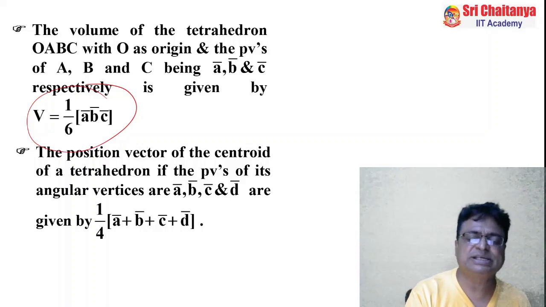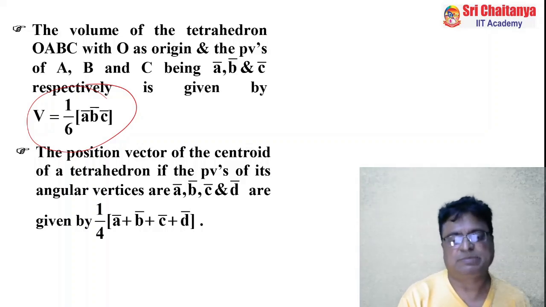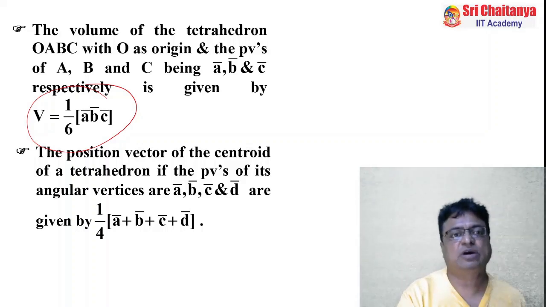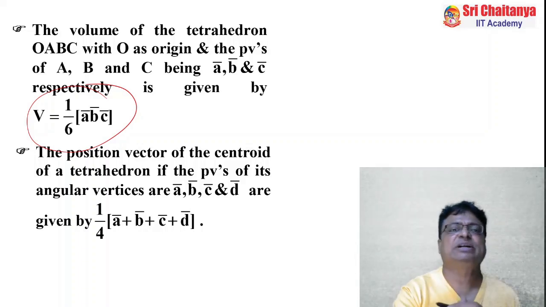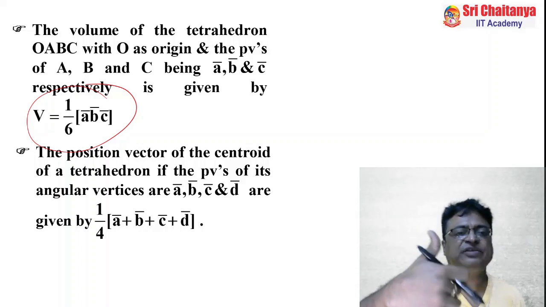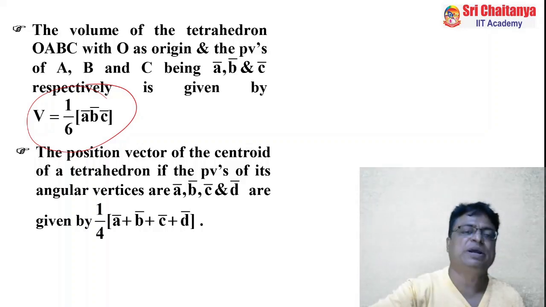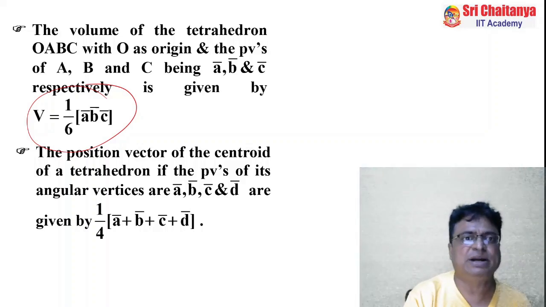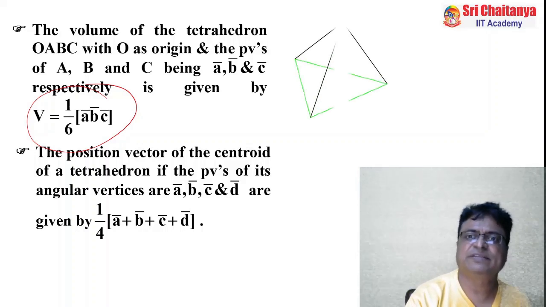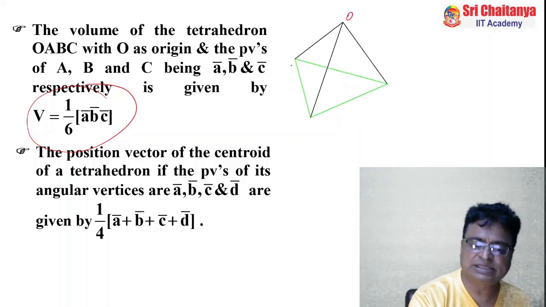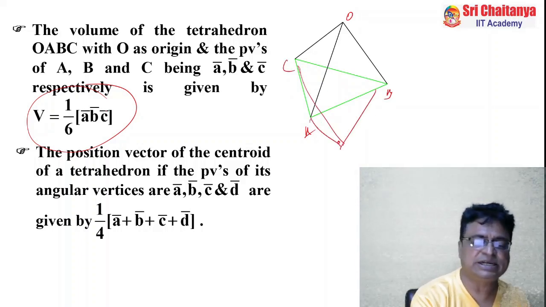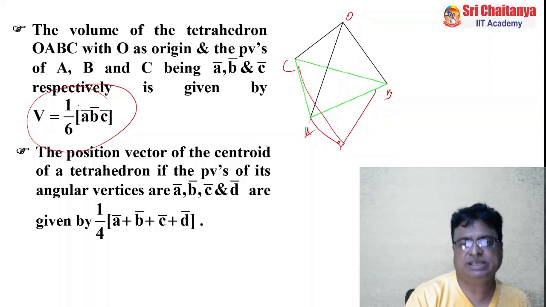But suppose the volume is negative, what does that indicate? It indicates whether the origin lies above the plane of ABC or below the plane of ABC. That is the only matter here. That means whether the origin is like this or along here like this, that is decided by the sign of box ABC.